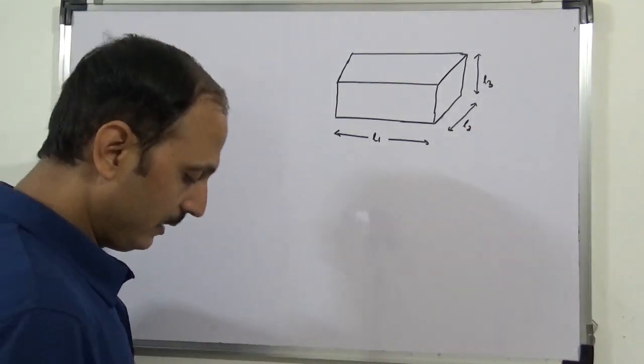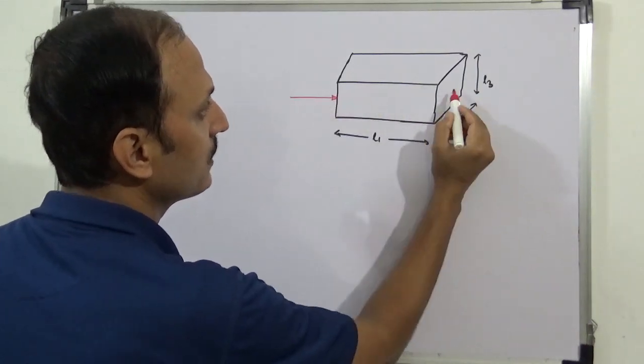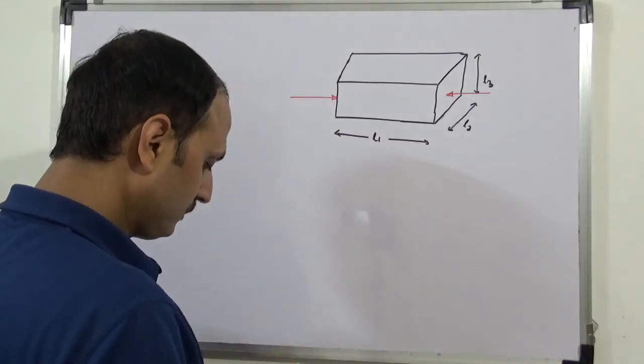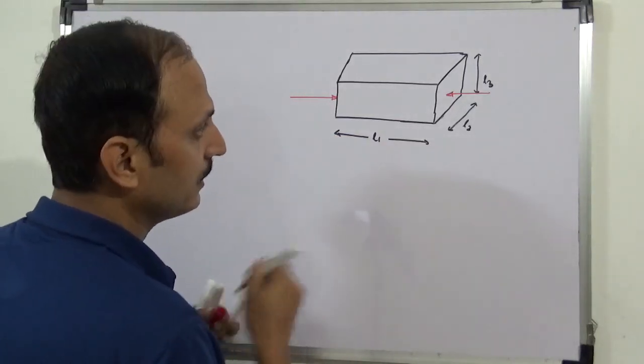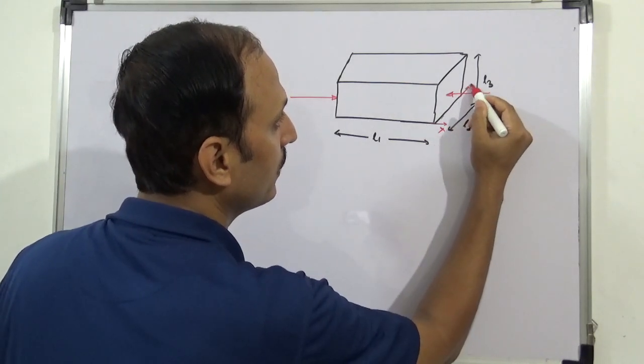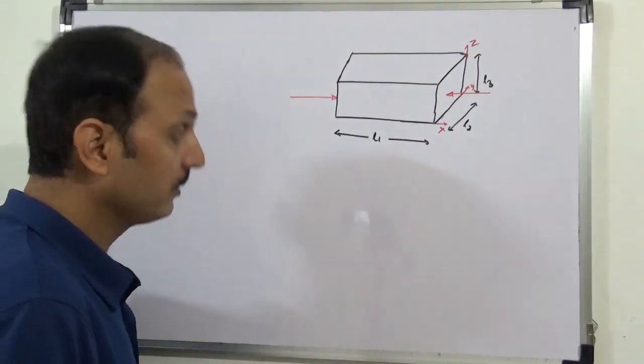Okay, length, breadth and height. This force is acting from this direction. For bulk modulus, it's a compressive force. Let's say this is X, this is Y, this is Z. It's a rectangular bar, so I hope everyone understands.